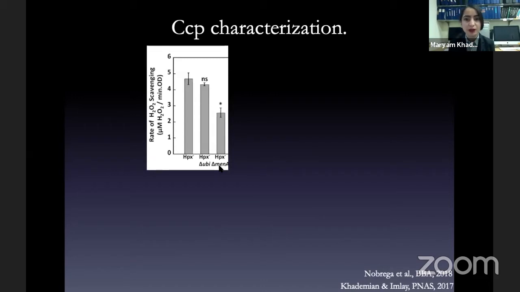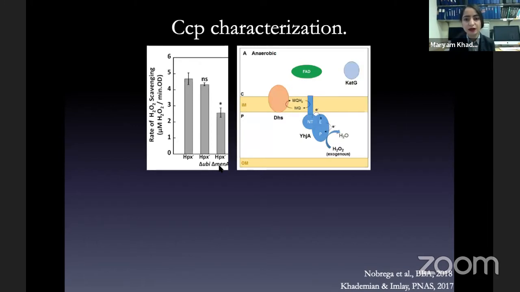But ultimately, we came to the conclusion that this is probably a direct transfer, meaning that CCP directly gets the electron from the quinone pool. That was what we published in the paper. About a year later, another paper came out showing that CCP, or YhjA, is indeed a membrane-bound protein embedded in the inner membrane, and it directly gets electrons from the quinones.